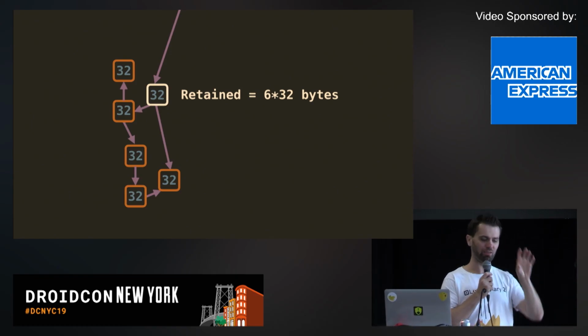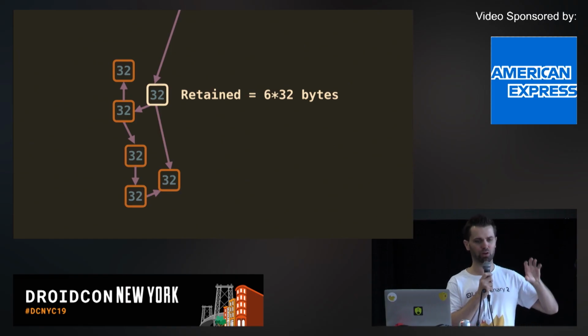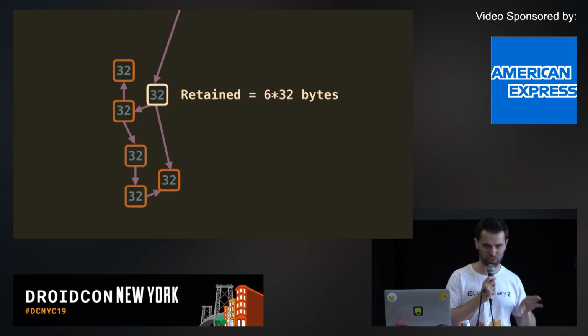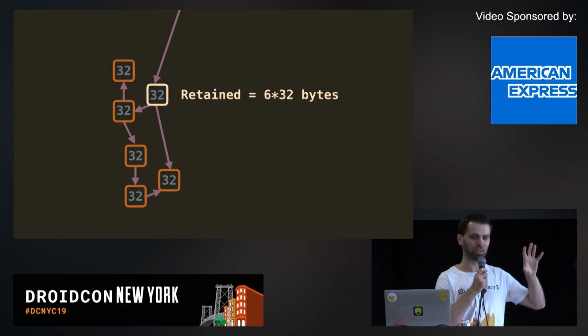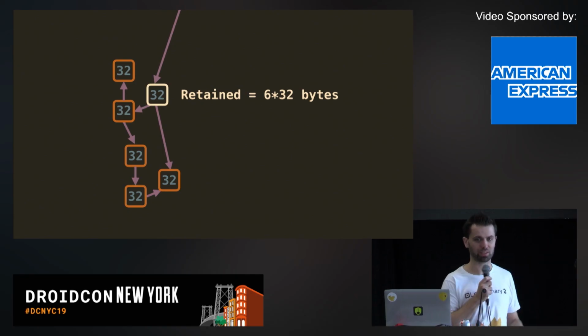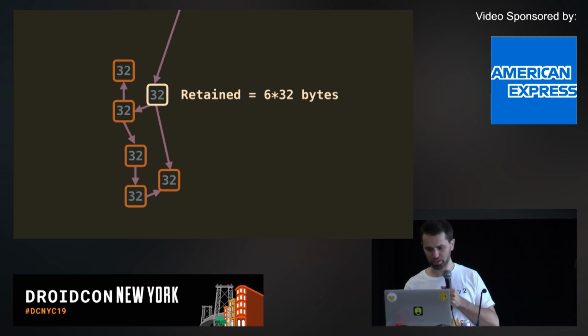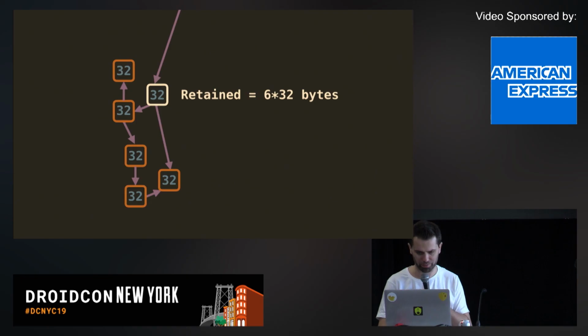If I have a first object and a second object, and you have to go through the first object to get to the second object, then the first object is a dominator of the second object. And so I can take the shallow size of that second object and add it to the retain size of the first object. That's interesting because it's going to tell us a lot about where our memory problems are, which we're going to dive into in a little bit.